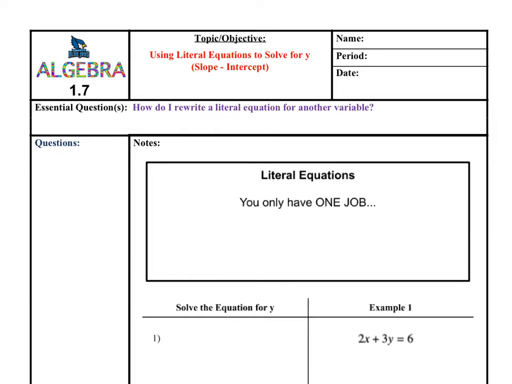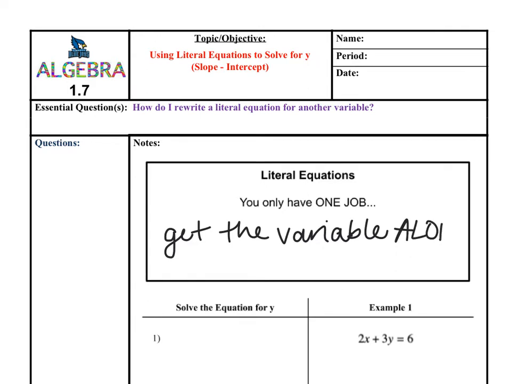When you solve these ones, you only have one job. Your job is to get the variable you're solving for alone. If you can get it alone or by itself, like this, y equals like that, then you are good.